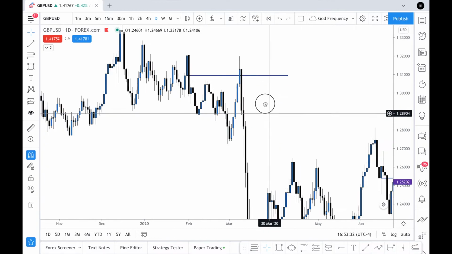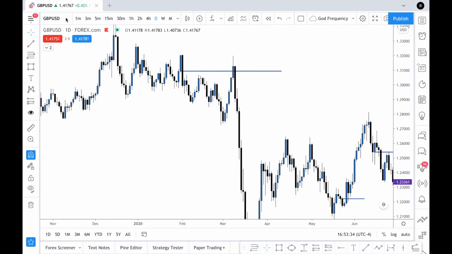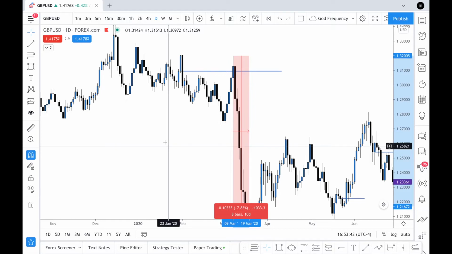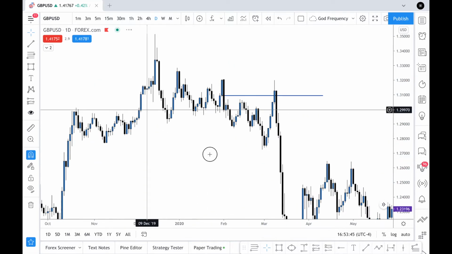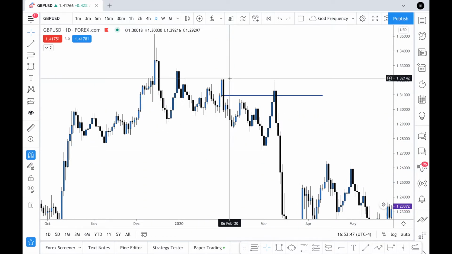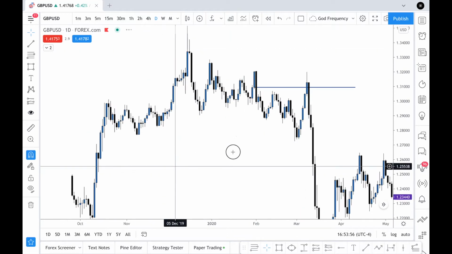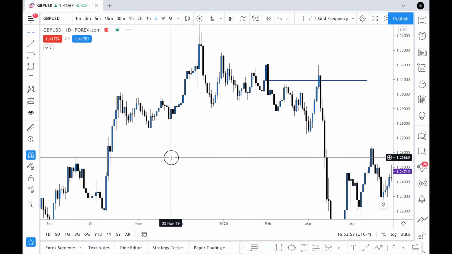But look, boom, it hits it, goes through it a little bit, and explodes down. It's 1,000 pips in 10 days. So start to recognize this. Start training your eyes to see these things, and it'll forever change your trading.